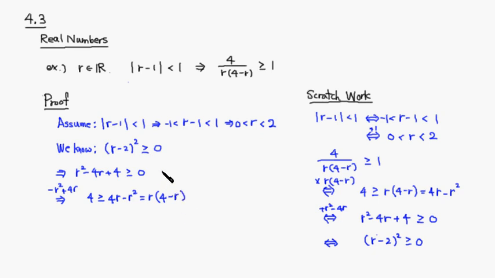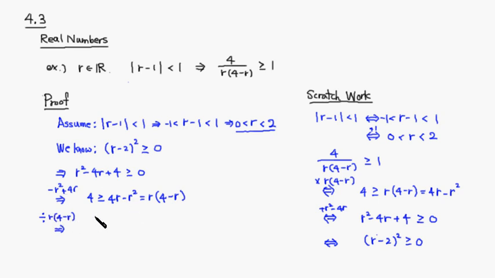Then this is a key step: I'm going to divide both sides of the inequality by r times 4 minus r. When you divide by a negative number, we have to change the direction of the inequality. But in this case, we do not have to worry about it because r is between 0 and 2, so r is positive and 4 minus r is also positive. So we are dividing by a positive number.